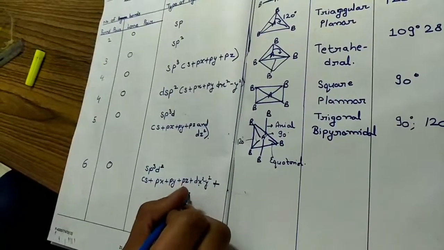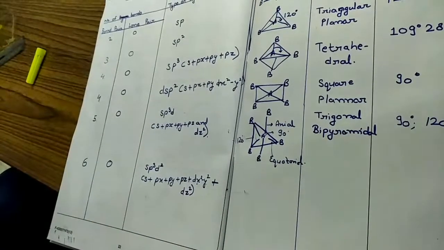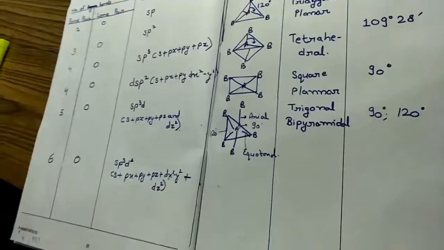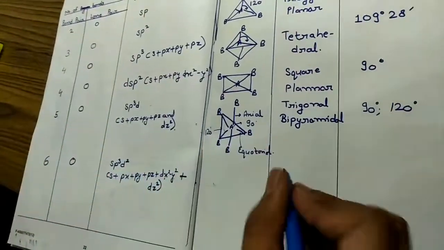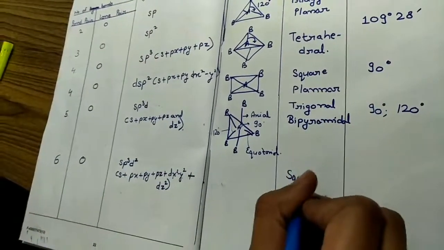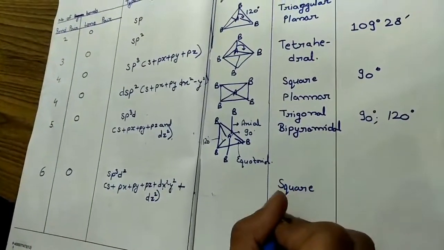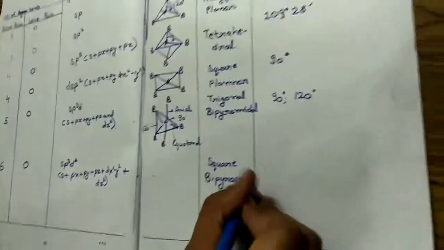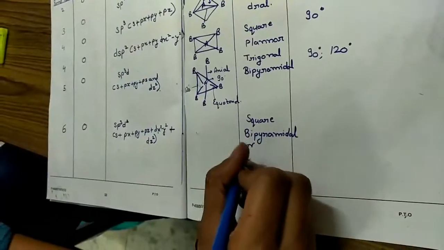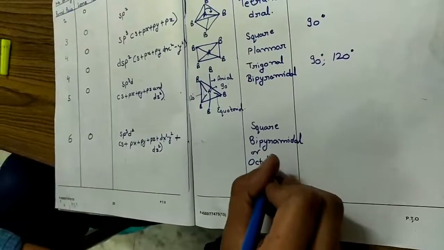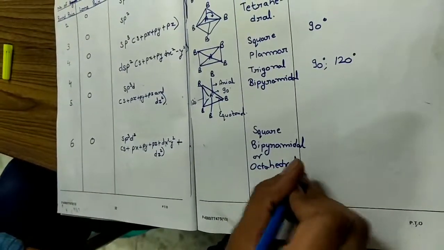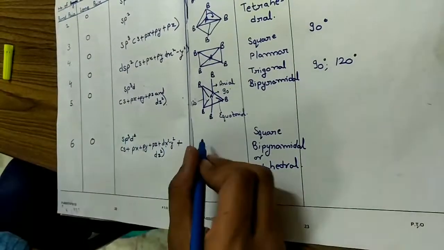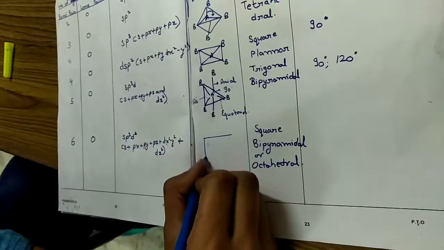The geometry here is square bipyramidal or octahedral, and it could be shown like this.